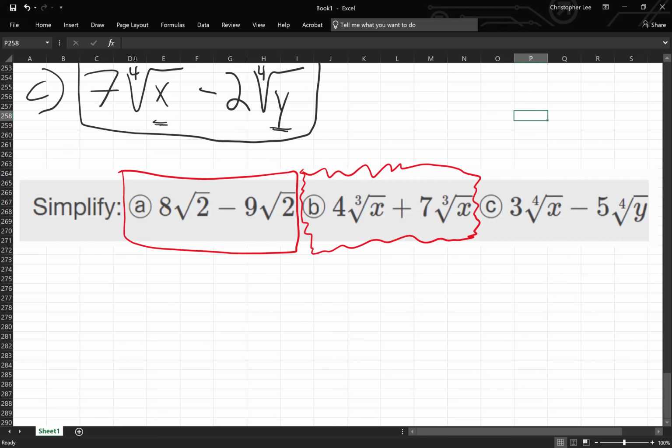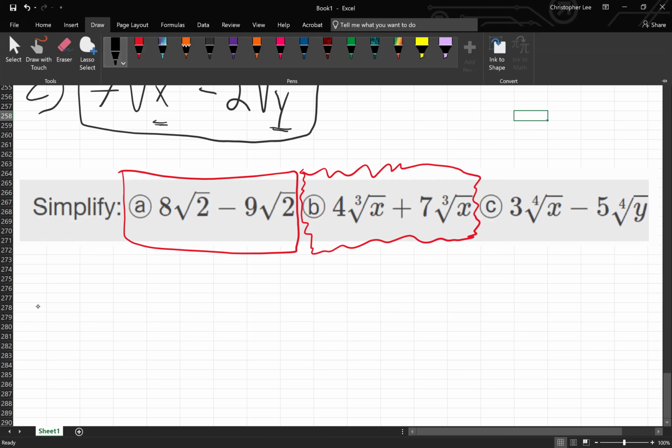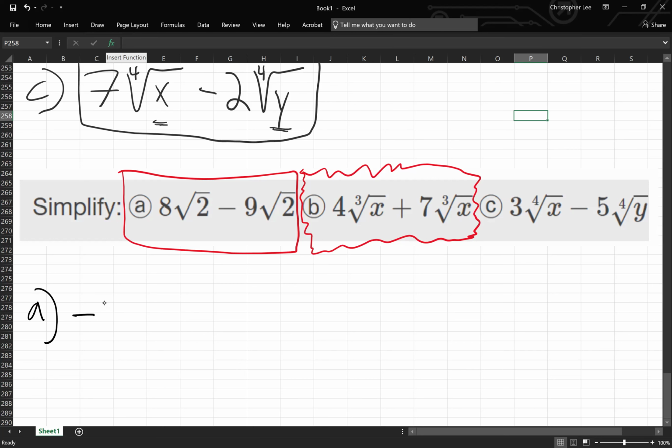What's the answer? Negative one, what? Square root two. That's it. All right. How about B? 11 what?